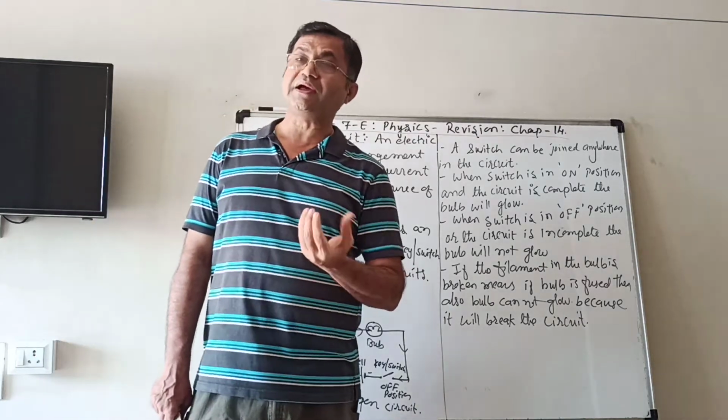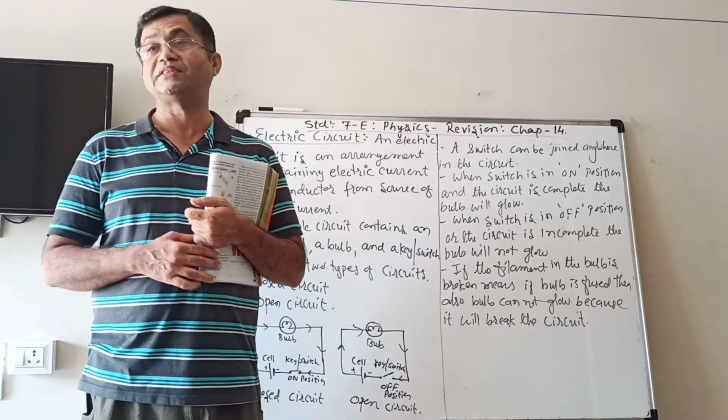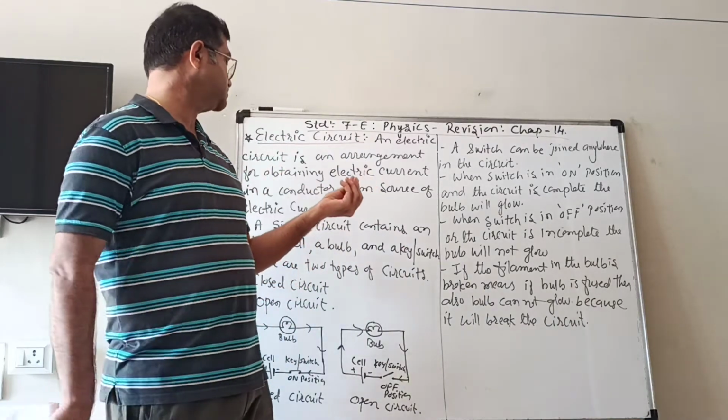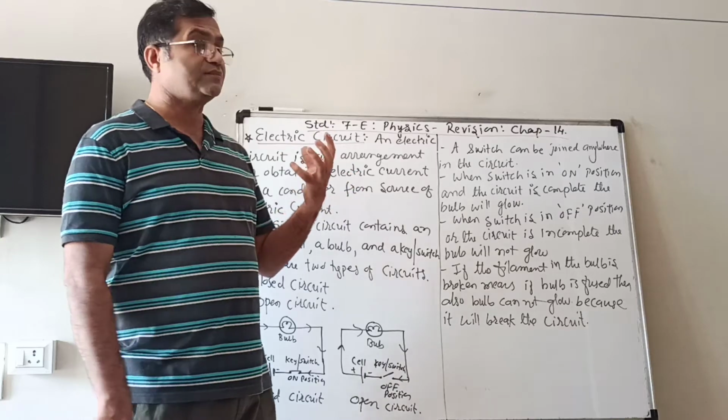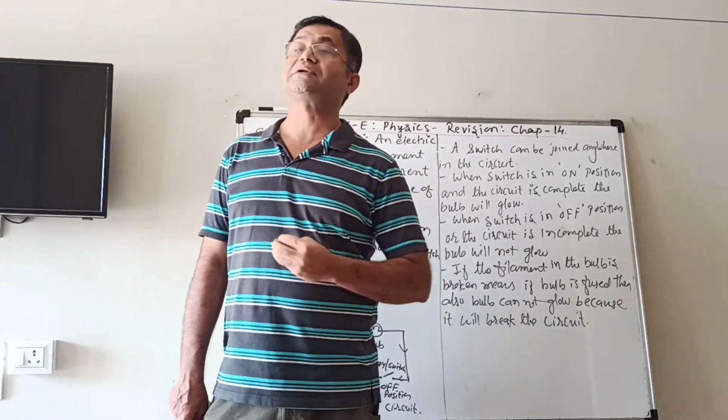Now we want to get that electric current from those sources. Then there must be an arrangement so that the current can flow through the conductor.